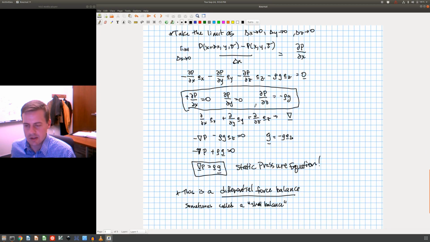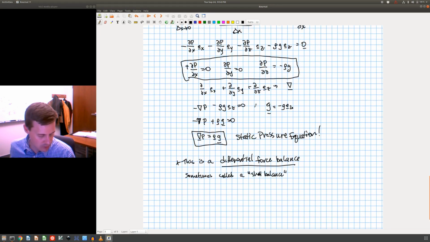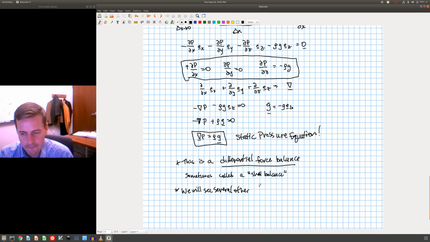This is one way to come up with the static pressure equation and other equations, and we will see several other examples of differential balances. This is how we will get the Navier-Stokes equation.